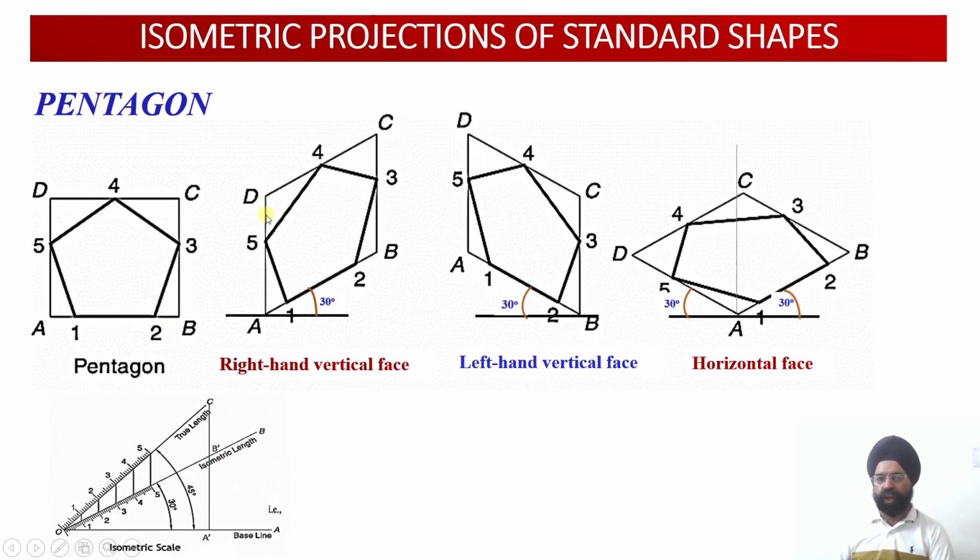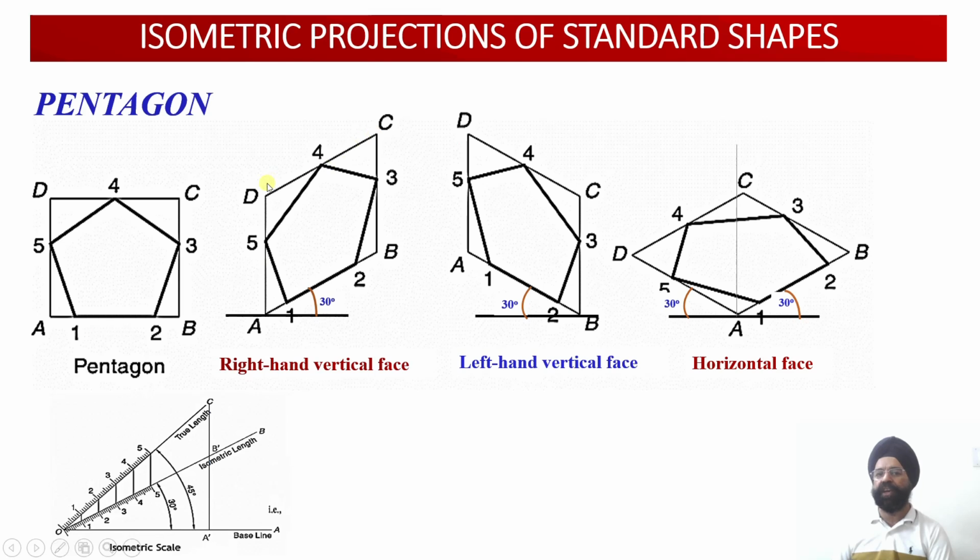Once we draw this rectangle, we are not bothered about how to draw a pentagon. First of all, we should start with the construction of the pentagon through the construction of a rectangle in the isometric projection. Once I draw this rectangular lamina, then using the rectilinear distances, I can mark these points 1, 2, 3, 4 and 5 within this isometric rectangle.